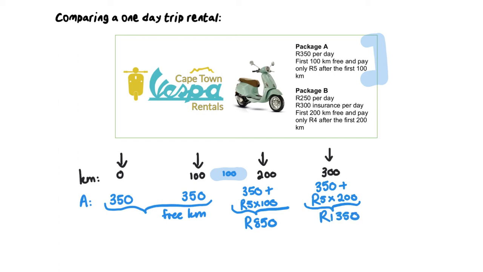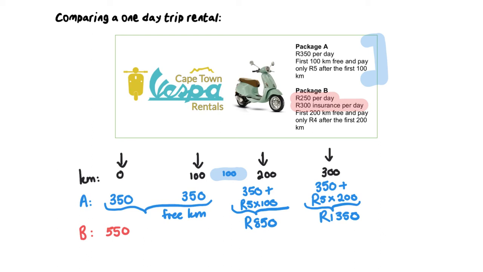On package B, the options look slightly different. So for 0 kilometers, remember that I have both the 250 per day and the 300 insurance per day, meaning that for 0 kilometers I pay 550. So at this point, package B is definitely more expensive.